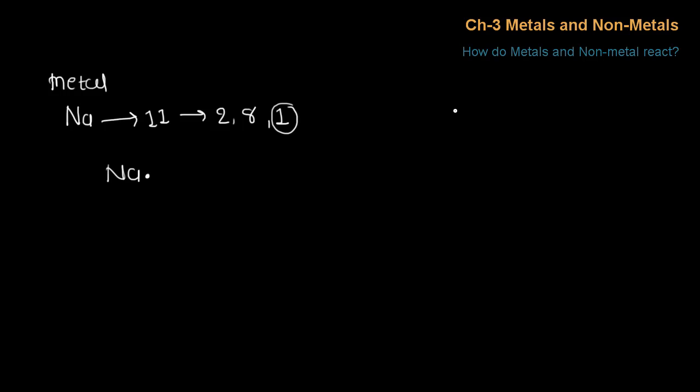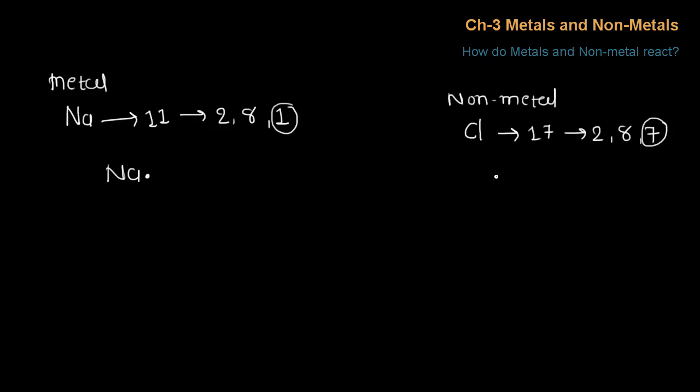Let us move here. Here I have taken a non-metal, for example, chlorine, which means Cl. Its atomic number is 17. Then its configuration will be 2, 8, 7. You can see there are 7 electrons in its valence shell.